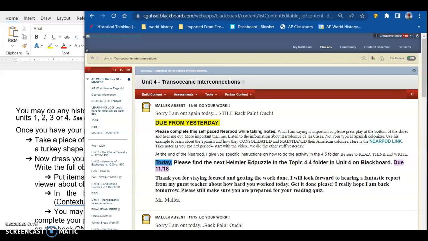So I'm going to try to introduce it to you today, give you an opportunity to select your person or persons that you're going to do for the project. And again, I'm normally there and present to do this, so it'll be a little bit strange. I'll be able to show you some examples when I return on Friday, and I will also be able to answer some questions for you.